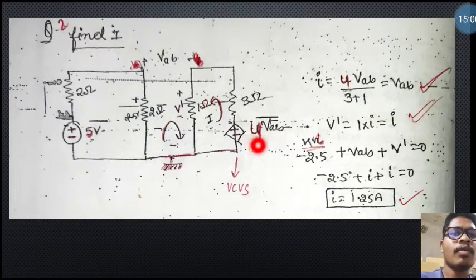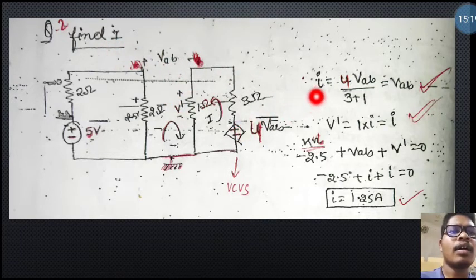For VAB, that means it is a voltage controlled voltage source. Please remember that it is a voltage controlled voltage source, with a 3 ohm resistance and 1 ohm resistance connected across there, or this is the VAB voltage. So we need to find the value of I.